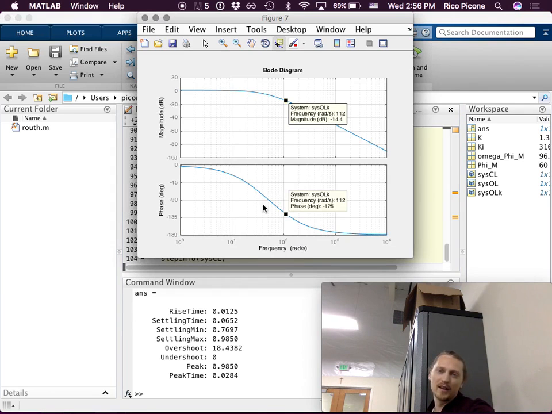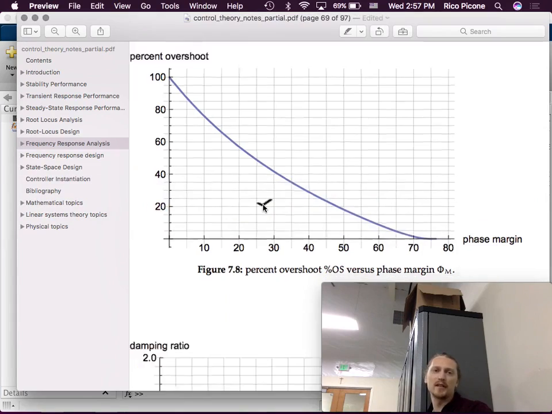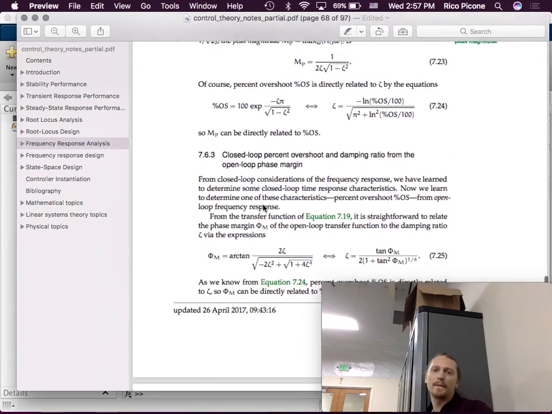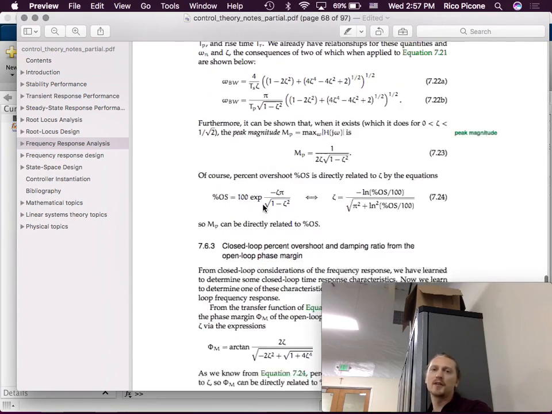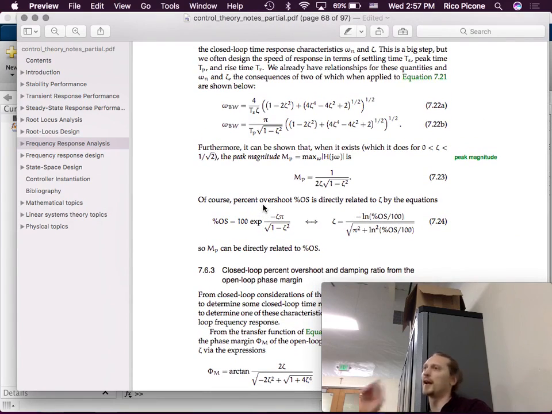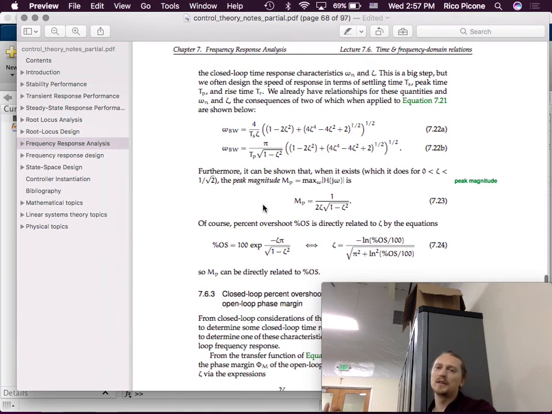So the types of systems, I guess the analysis that you do is essentially shaping what this Bode plot looks like, because the response characteristics that we determined in this chapter relate for us the phase margin and the gain margin that you can read off the Bode plot pretty easily, like we were doing, to these time domain characteristics.